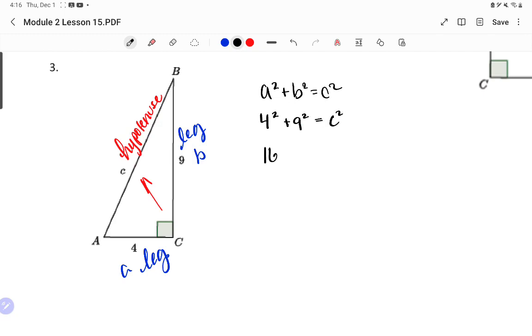So 4 squared is 16, and 9 squared is 81 equals c squared. So now you'll add those two together and you'll get 97 equals c squared. So now you have to take the square root of both sides to get it by itself. The square root of 97 is 9.84.